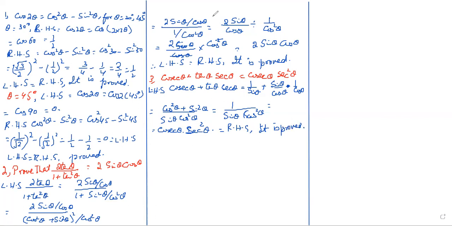Now come to the next question, number 4. Prove that secant theta plus tangent theta times secant theta minus tangent theta equals 1.